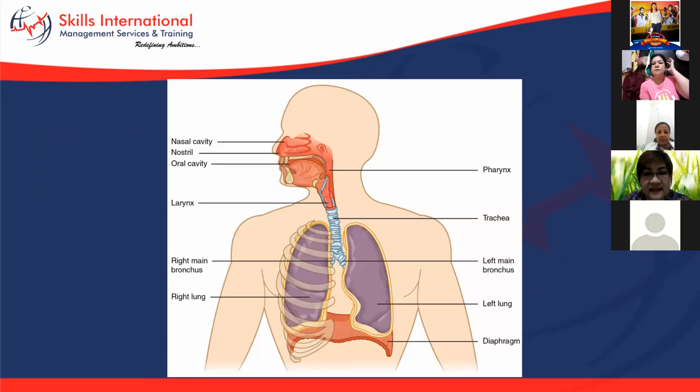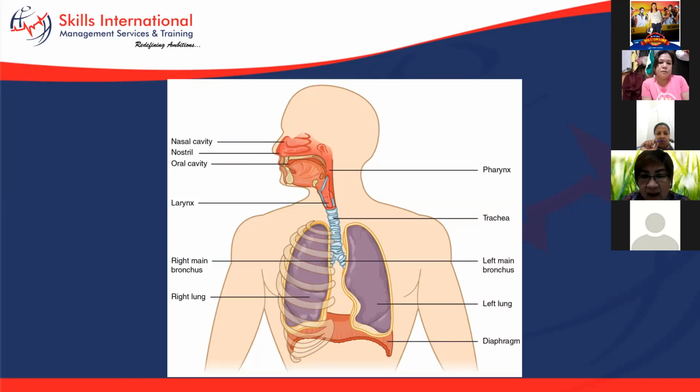So this is the structure of the respiratory system. To the left here, as you can see, is the nasal cavity, which is our nose. There we breathe in the air, and it passes through the nostrils to the oral cavity. The oral cavity has the connection between the nose and the mouth.